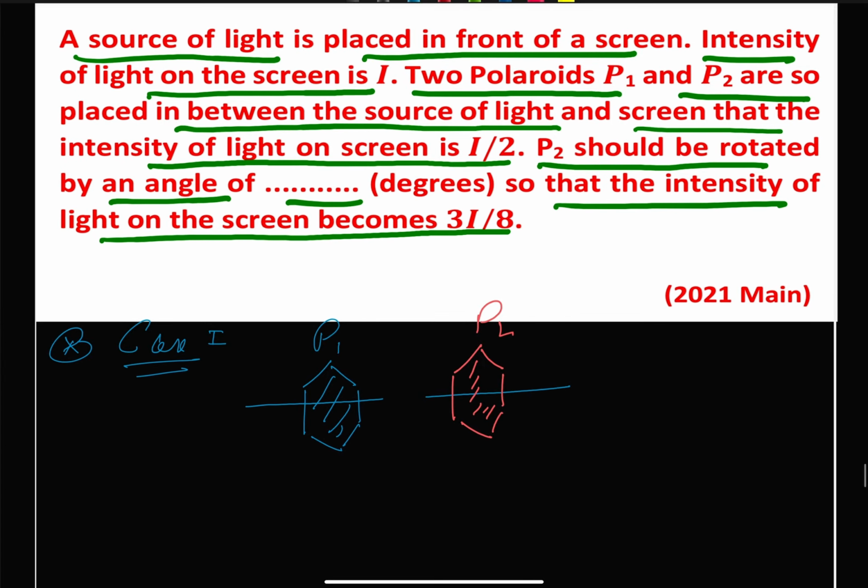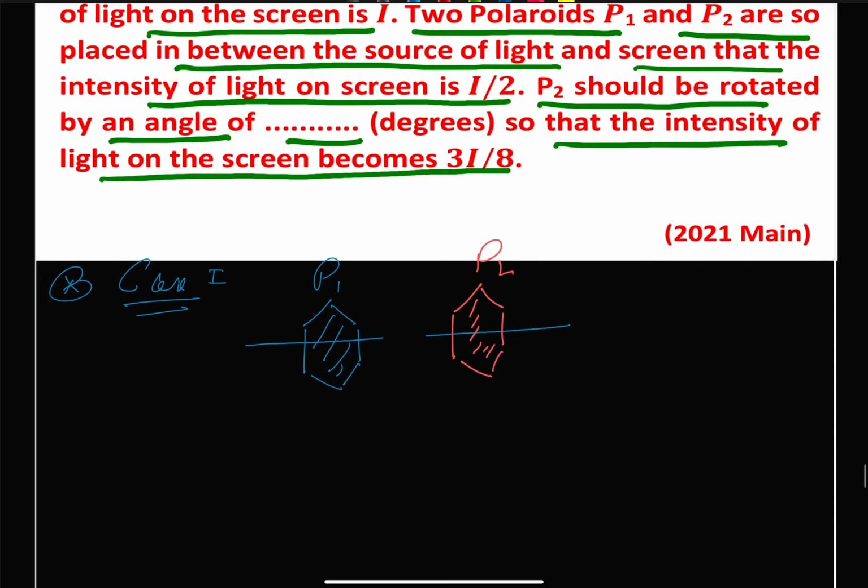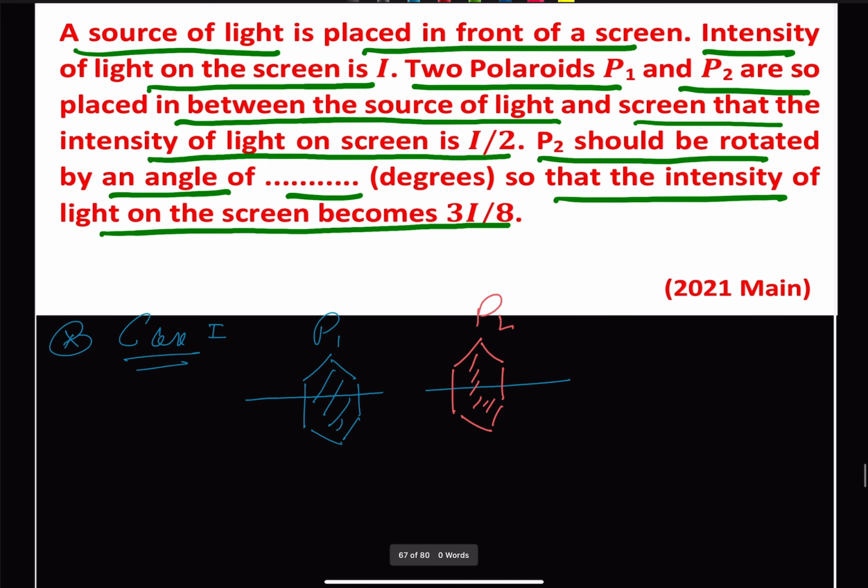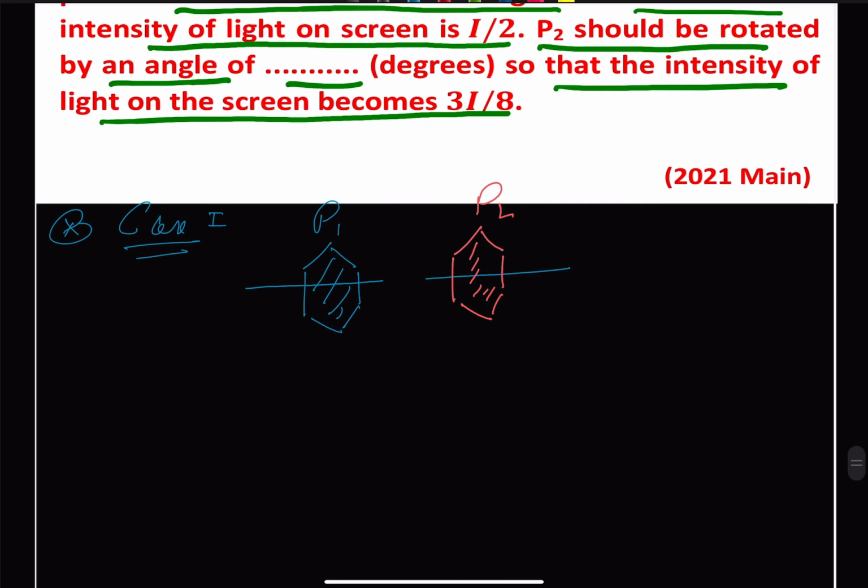It is given that the intensity falling on the screen is I. So the source of light is placed in front of the screen and the intensity of light is I. It means we have a source, it is non-polarized, and its intensity is given as I.